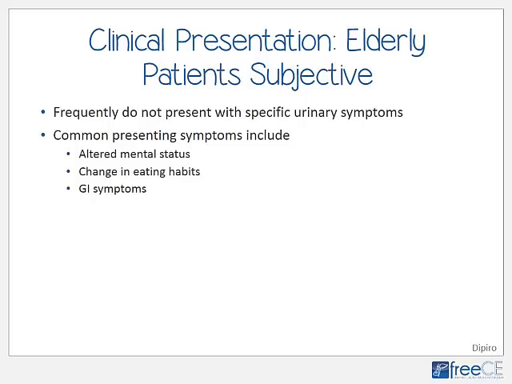So it's important to remember that just because your patient doesn't have specific urinary symptoms doesn't mean they don't have a urinary tract infection. These less specific symptoms may be the only symptoms present and would still lead you down the path of diagnosing them with a urinary tract infection. Granted, they would need to have some additional objective criteria, and those are the things that we're going to go over on this next slide.